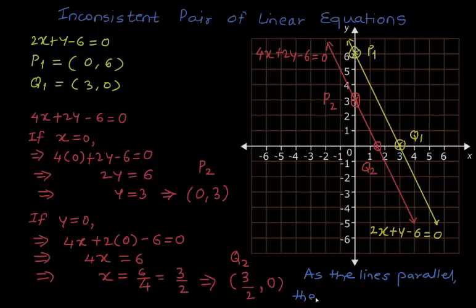There is no solution to this pair of linear equations. So this is called an inconsistent pair of linear equations. The linear equations which don't have a common solution are called an inconsistent pair of linear equations, and these linear equations are represented by parallel lines on a graph.